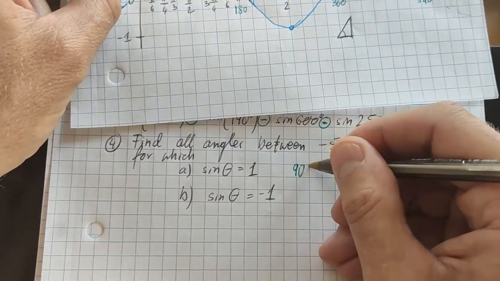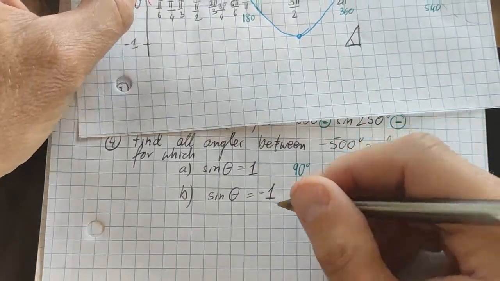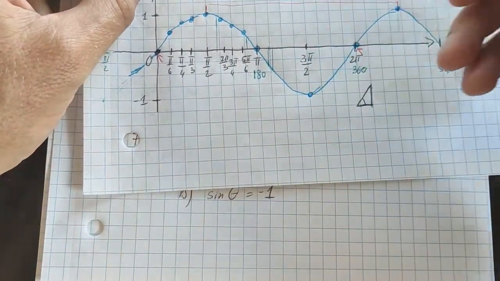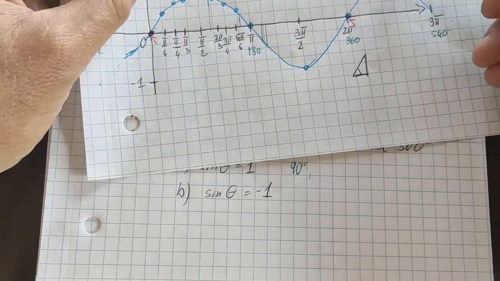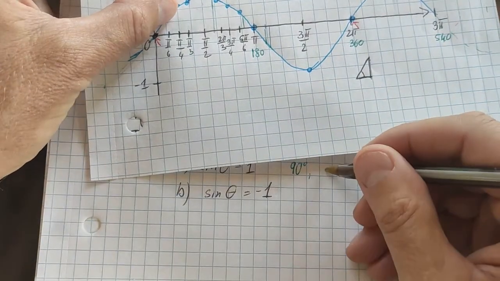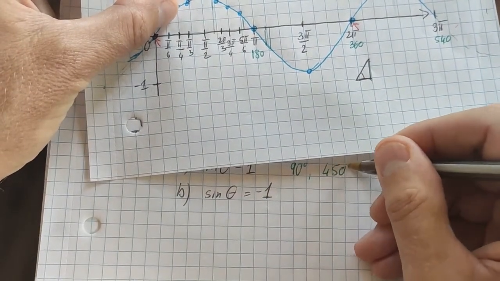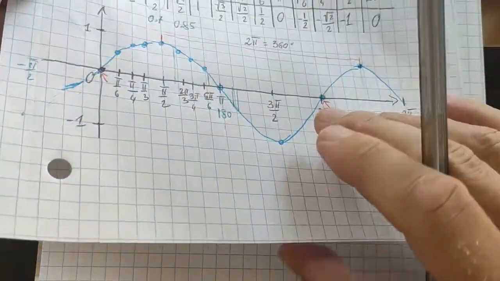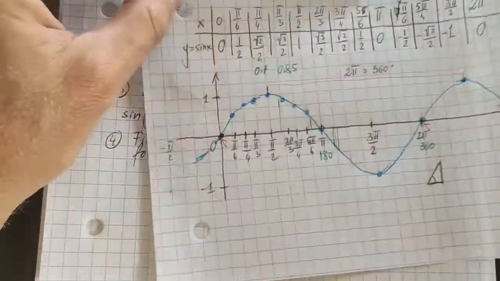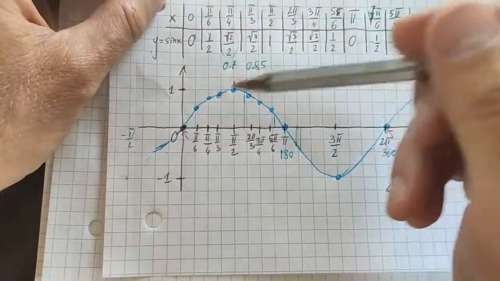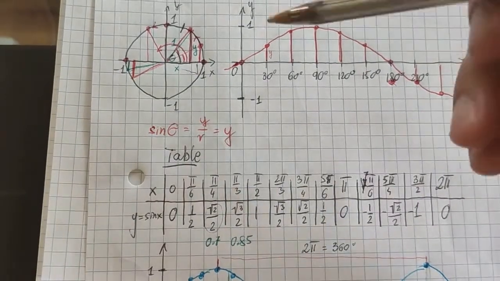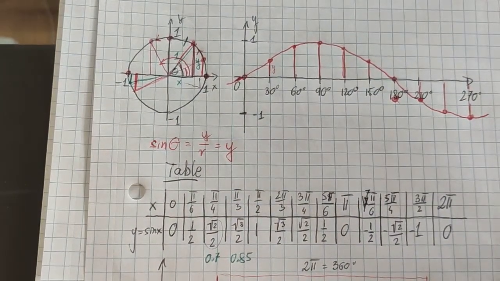So 90 degrees. This one will be 90 plus 360, 450. Okay, and that's it, going this direction. Now if you go the other direction, because I don't have a graph here, let's look at the circle.